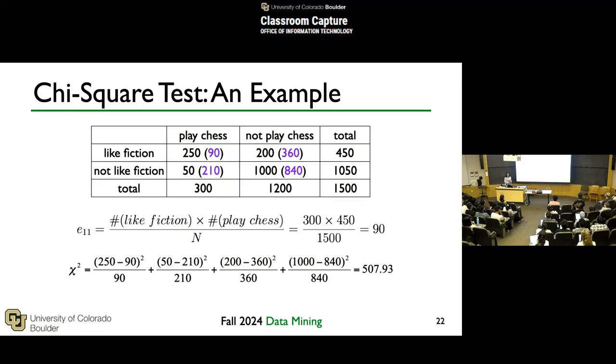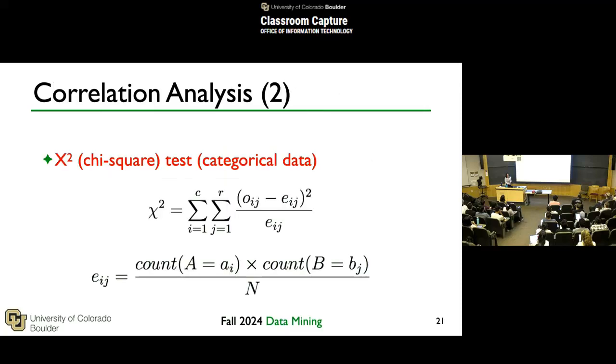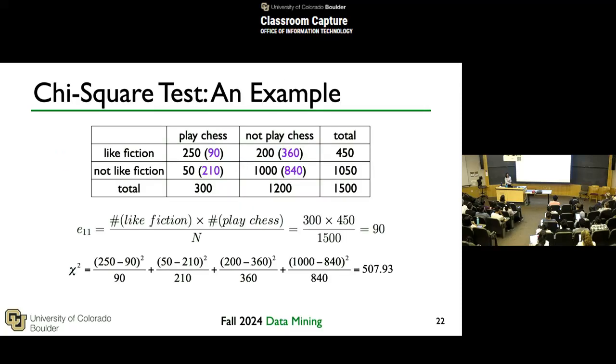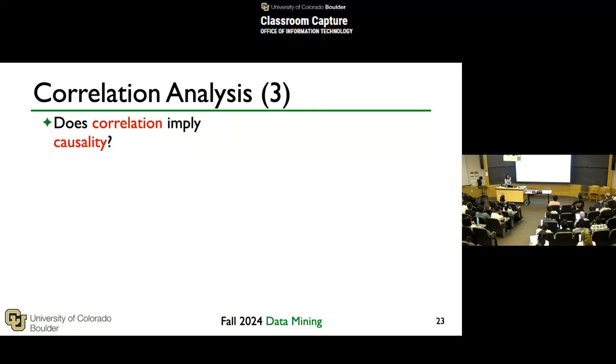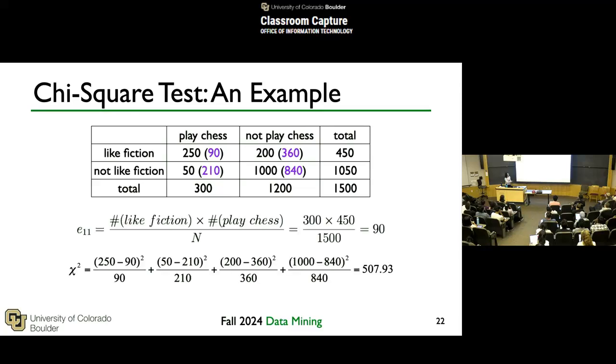I'm going to post a link, but that's basically how you interpret this table. Once you have this value, you actually decide whether it's a high value or not. So I'm going to post in Canvas a link. Some of you may have seen this already.